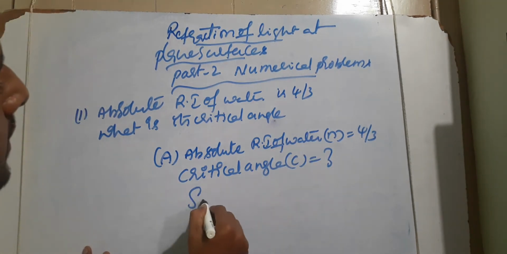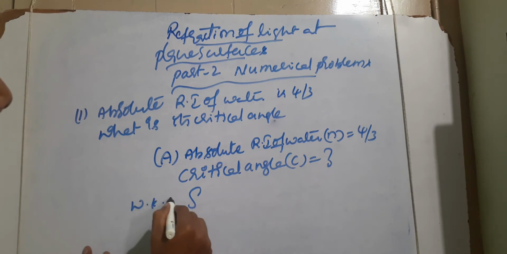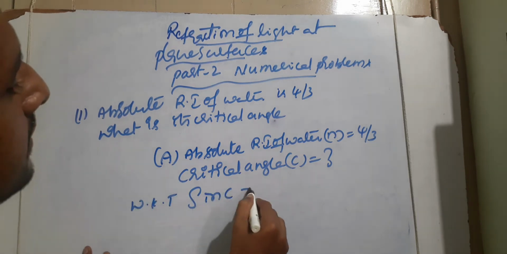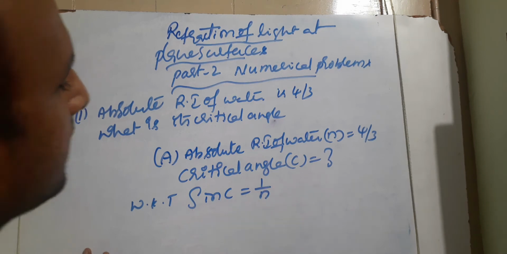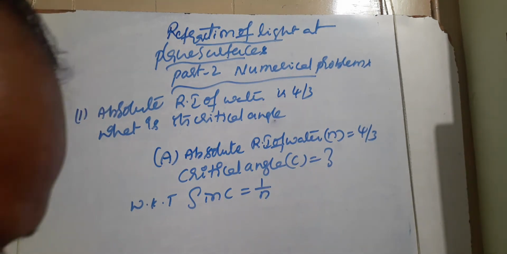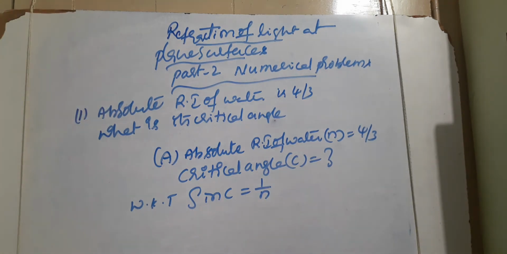So we know that sin C is equal to 1 by n. This formula is already derived. In the video on the critical angle topic, students, you can watch and learn the derivation of sin C equals 1 by n, or n equals 1 by sin C. It is clearly explained there.